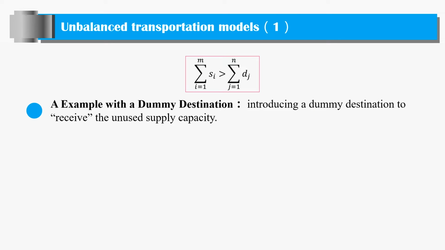Okay, now let's talk about the unbalanced transportation problem. First, one case is where the sum of supply is more than the sum of demands.